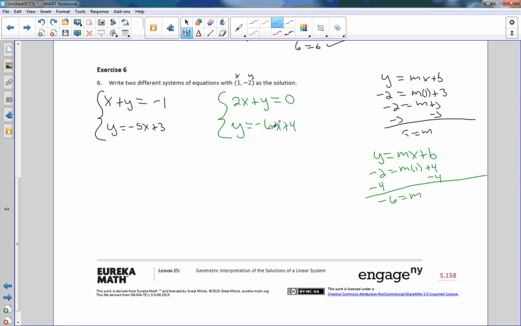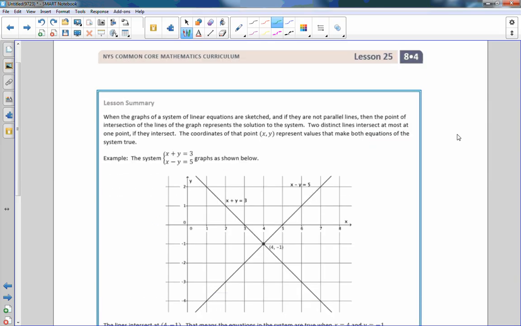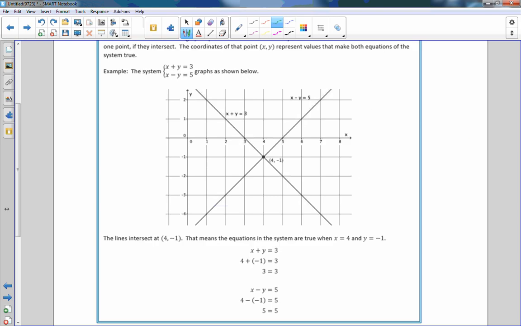If I plug in 1, 1 times negative 6 is negative 6, plus 4 is negative 2, and that is true. So there are 2 systems of equations that have this solution. Whew. Okay, that is the end of lesson 25. Review the lesson summary and go do your problem set.